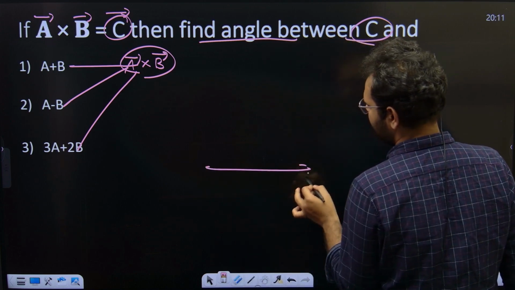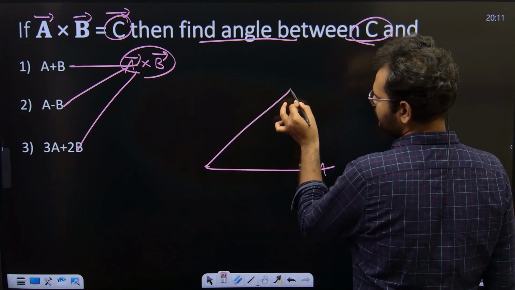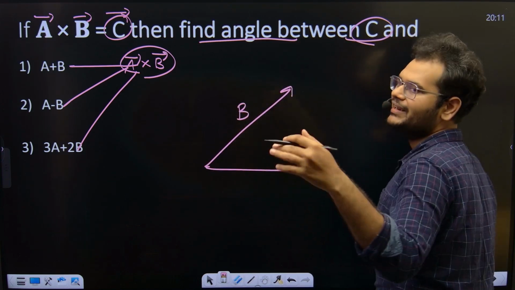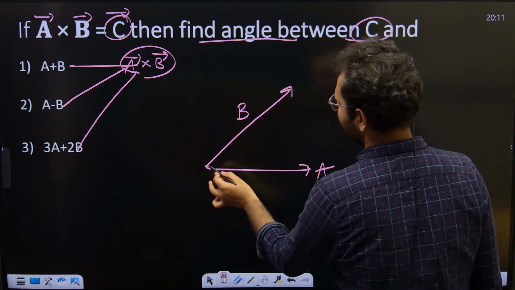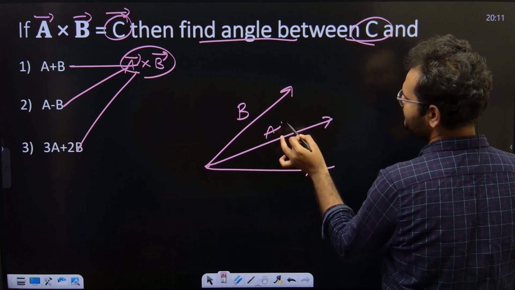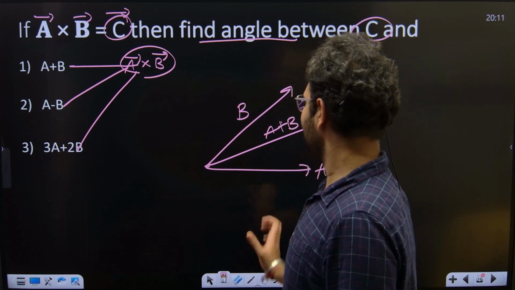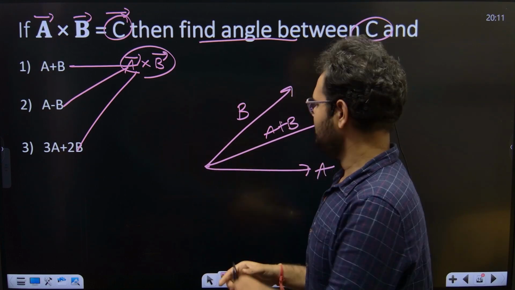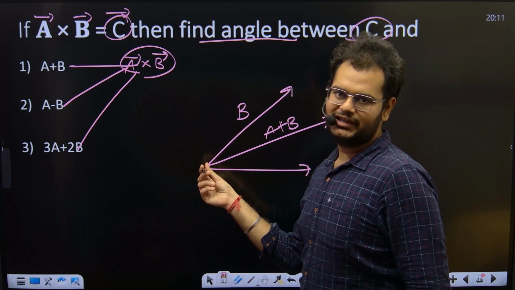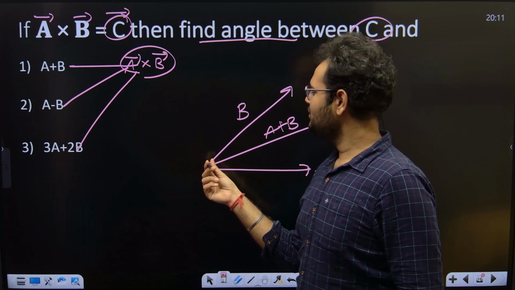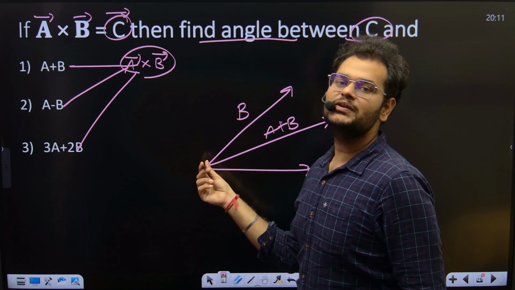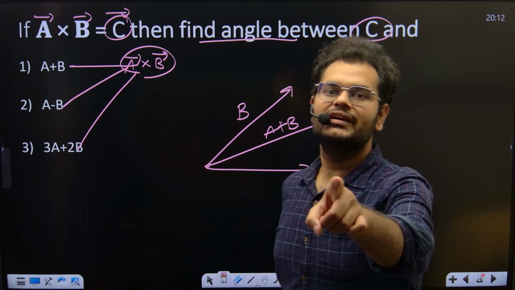One thing I want to tell you. See, this is the A vector, sir. This is the B vector. You tell me where A plus B will come. Sir, A plus B will be like this. This is nothing but A plus B approximately. And where is my C vector? C vector is towards you. C vector is like this. What is the angle between A plus B and C? Angle is 90 degrees.